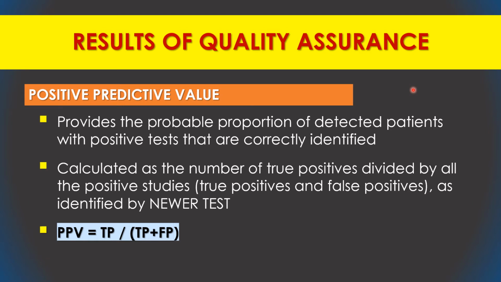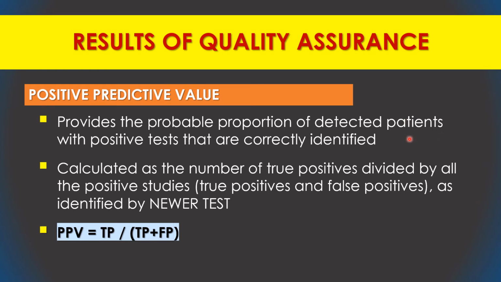So I can predict the true positive out of the whole positive results. For example, if the test tells me that we have 100 positive results, I can be sure that almost 99 of the 100 are true positive. It means that it has a good predictive value.